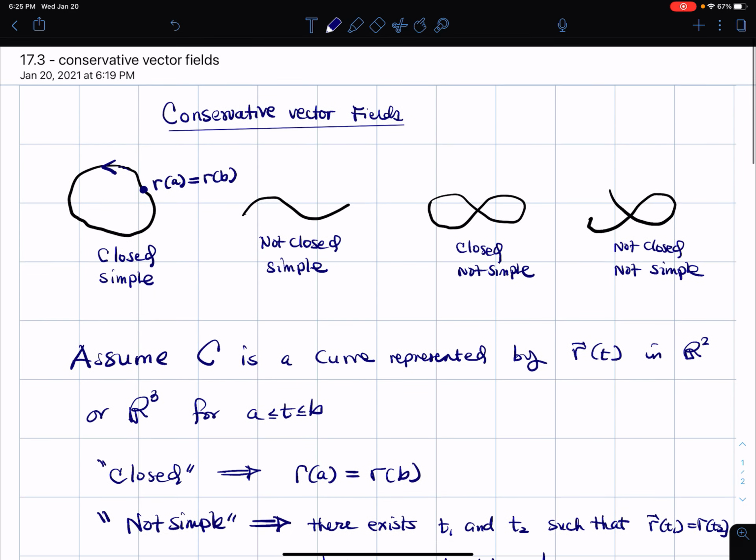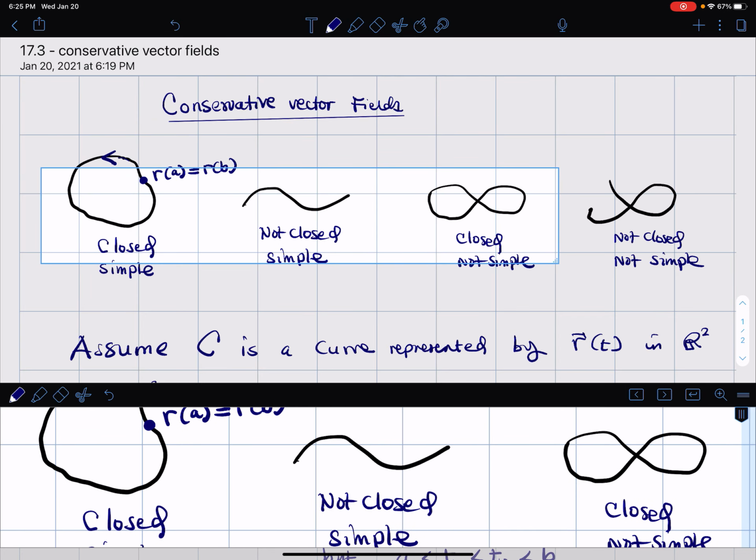So what does that mean? r(a) is somewhere here, and r(b) should be somewhere here.